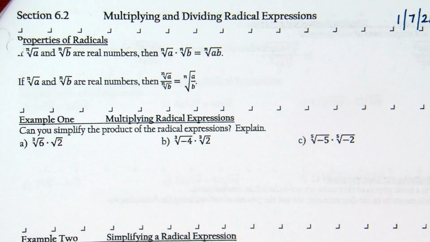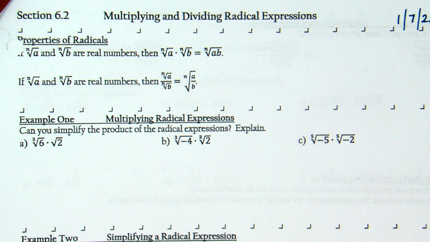What is that pointing out there? In order to multiply radicals, what has to be the same? The n, whatever root it is. Okay, so right there, in order to multiply radicals, those little numbers have to be the same.